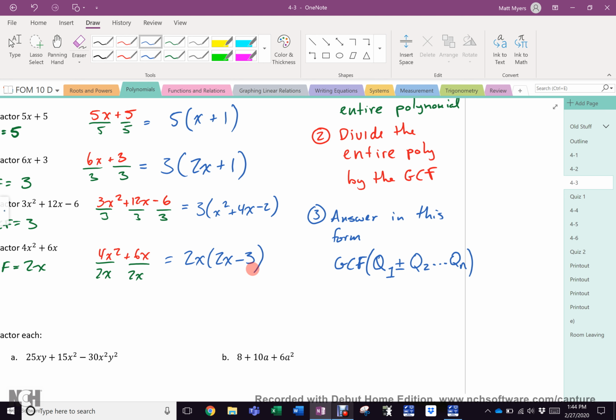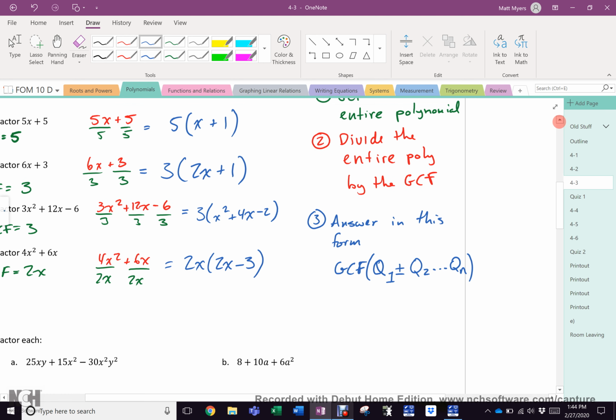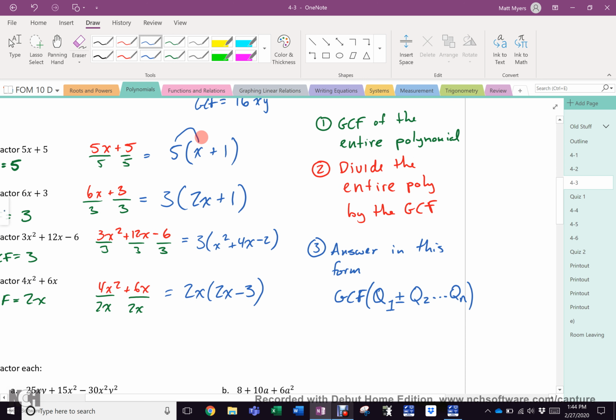And here's why. What is 5 times x? 5x. What is 5 times 1? 5. Did I do it right? You take 1 second to check your work. If it doesn't expand back to what you started with, did you do it right? No. So do you need to ask me if you did it right?